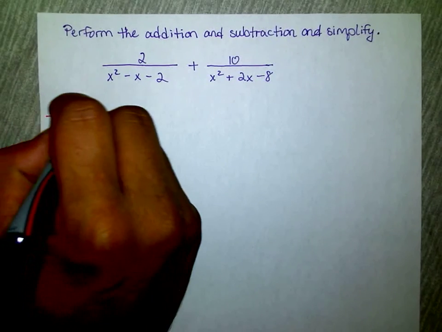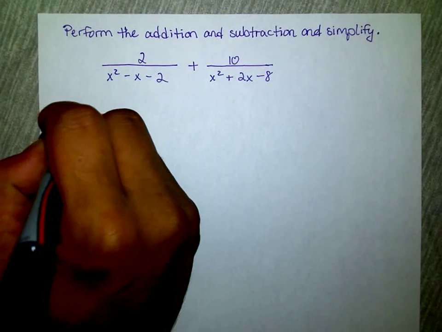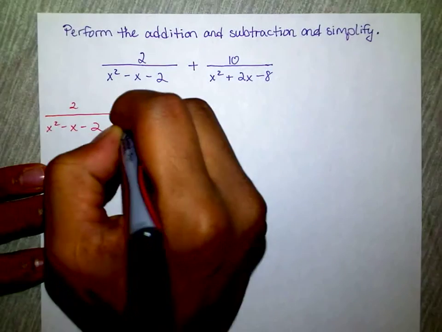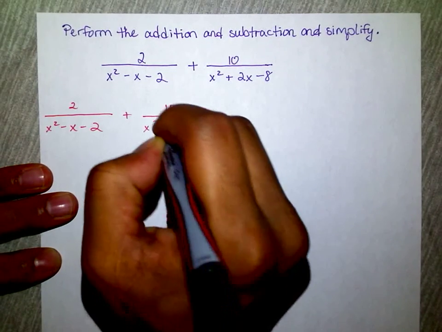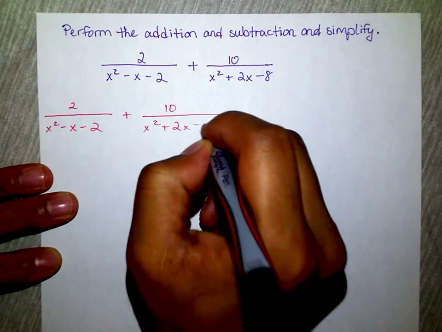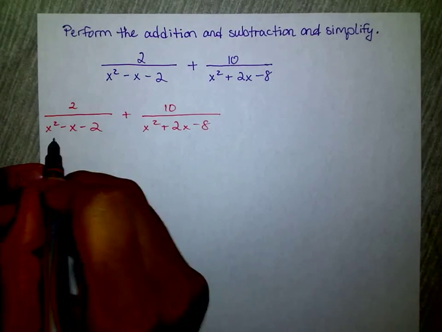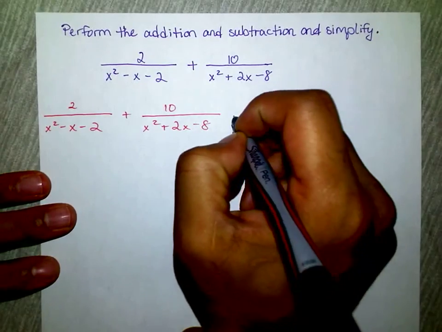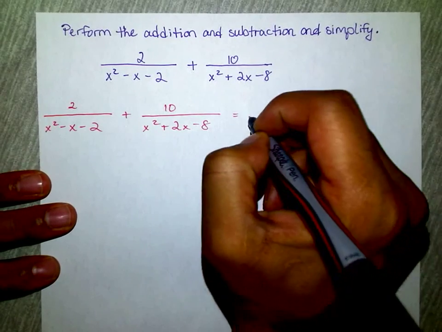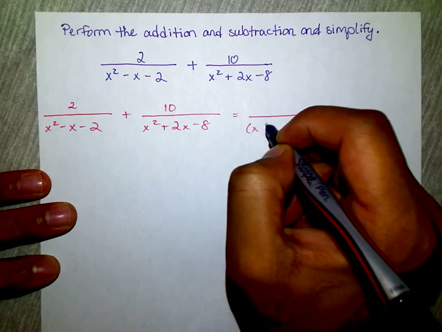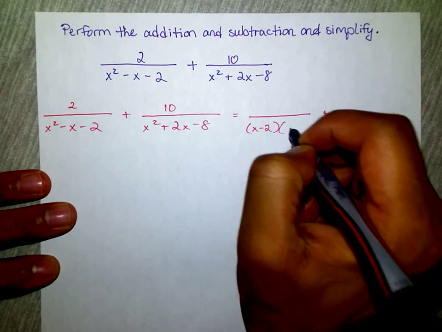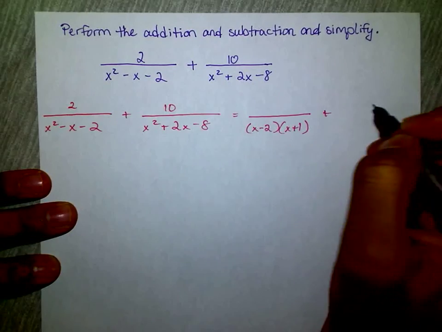So 2 over x squared minus x minus 2 plus 10 over x squared plus 2x minus 8. Now when I factor the bottom here, that's going to give me x minus 2 times x plus 1.